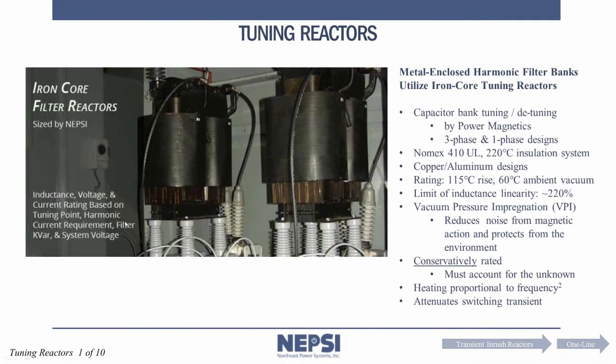Here you can see the reactors are put up on insulators. We do that because the typical voltage drop across a reactor is only on the order of 500 to 1,000 volts on a 13.8 kV rated harmonic filter.